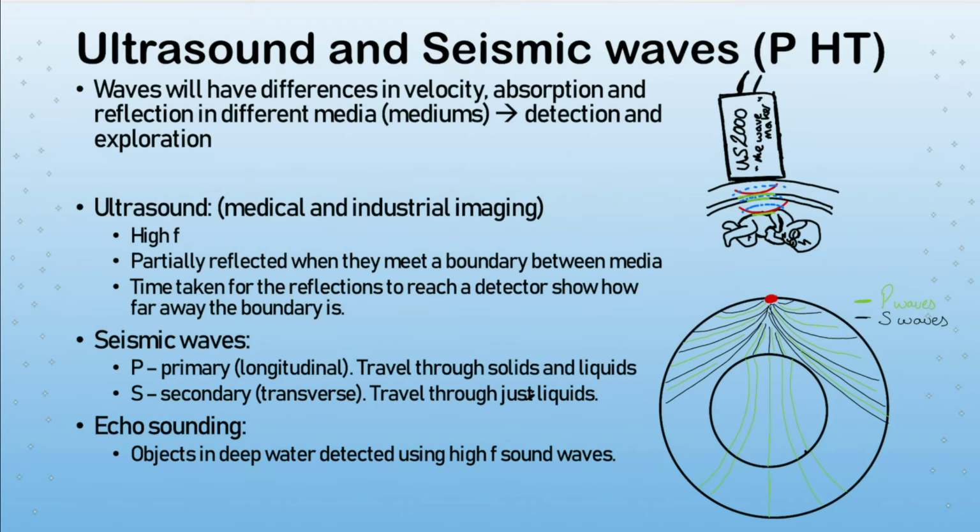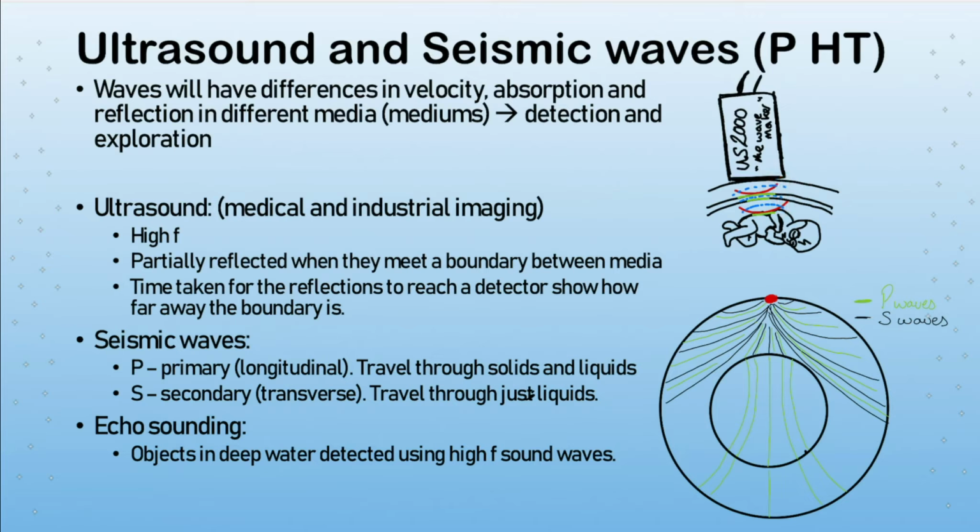And the time it takes for the reflections to reach the detector shows us how far away the boundary is. So we've got the ultrasound generator generating waves. These waves will go and hit a boundary and then come back to that generator, which also has a detector. So it's measuring how long it takes for the wave to be sent and come back again.